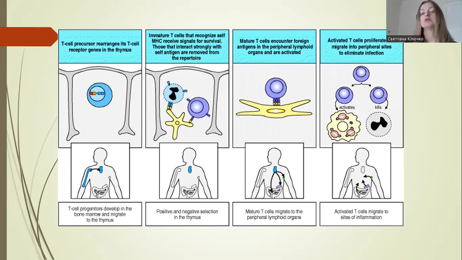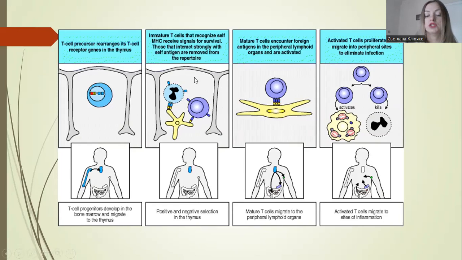What happened in thymus with T stem cells? T cell precursors rearrange their T cell receptor genes in the thymus. First process is arrangement of T cell receptor. Immature T cells that recognize self-major histocompatibility complex receive signals for survival. Those that interact strongly with self-antigen are removed from the repertoire.